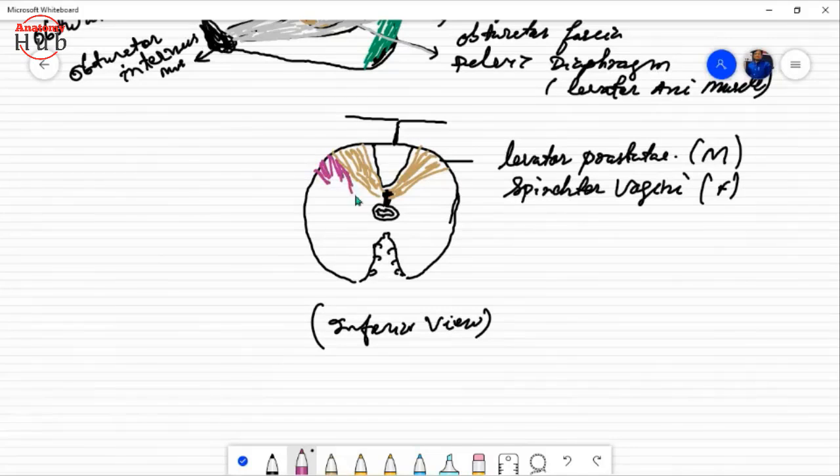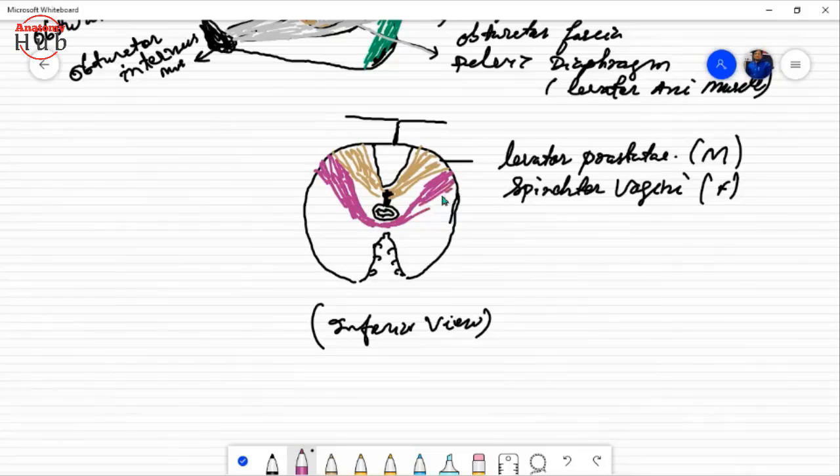That muscle is going backward and towards the medial side, and it is just making a sling around the rectum over here. Here you'll find the sling of the rectum. Then again here also you'll find this muscle, right?